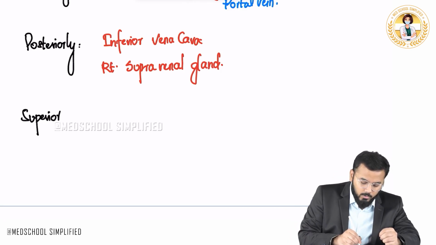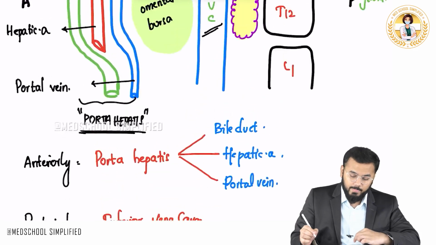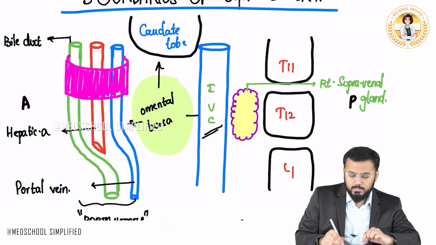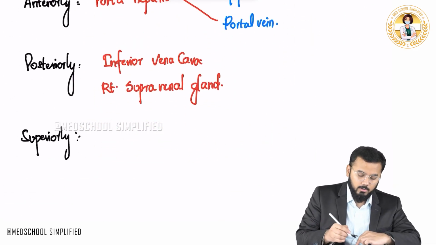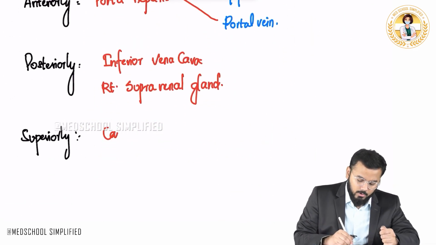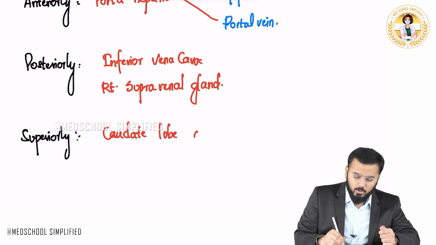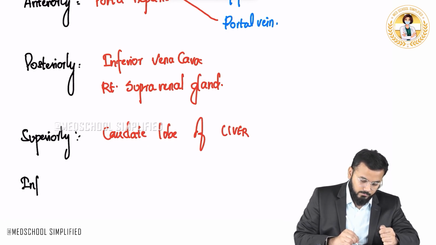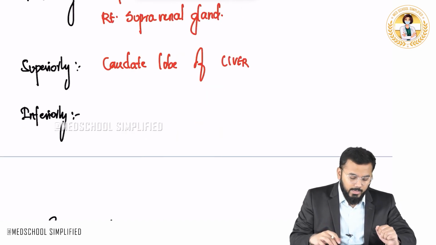So superiorly, what do you have on the top? Here I have the caudate lobe. This is anterior, this is posterior. On the top we have the caudate lobe of the liver. And inferiorly, what do I have?